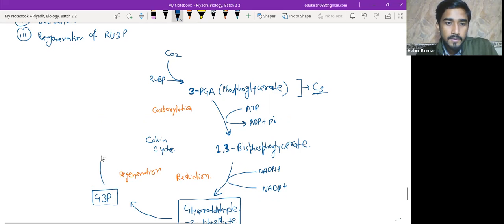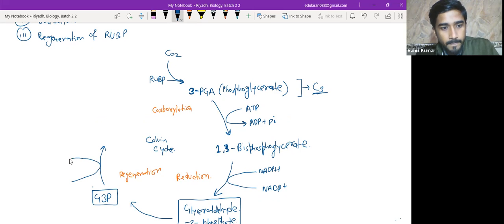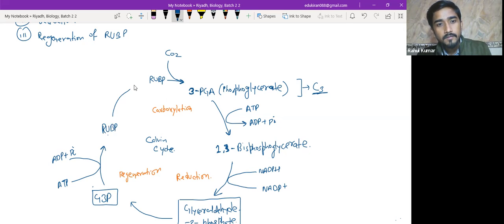Here we again use ATP, like we use energy. If ATP is used, ADP plus inorganic phosphate comes out. That's the thumb rule. This energy is utilized in regenerating. So from this G3P, we have to again make RuBP, which goes back, and this whole cycle starts. Is it clear? Do you understand, everyone? The basic cycle is clear.